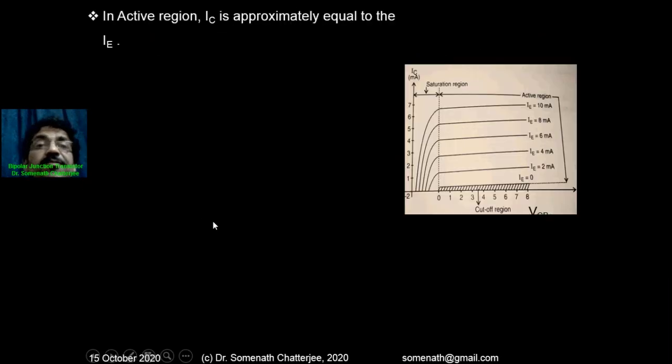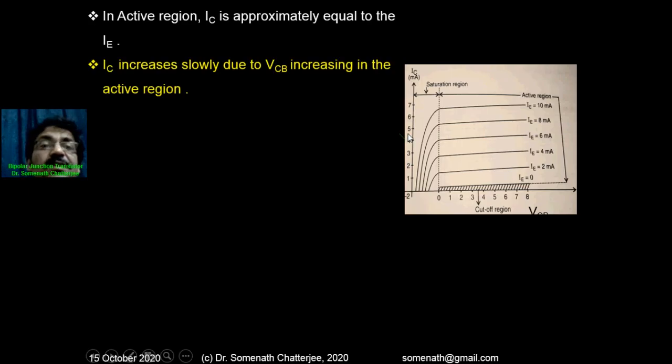Next, what information are we getting? In the active region, IC is approximately equal to IE, you see. IC means the collector current, equal to IE in the active region, almost the same. And next, IC increases slowly due to the VCB increasing in the active region.